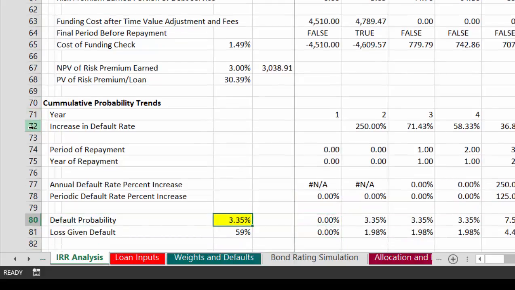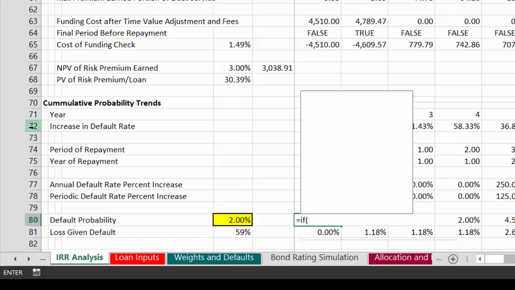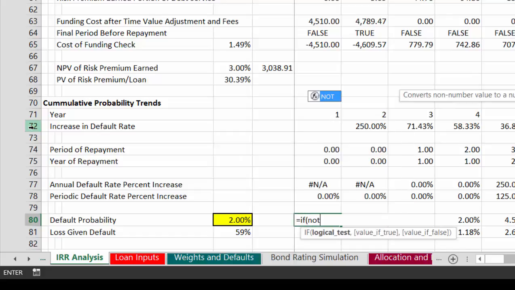Now, if we just put in some fixed default probability, let's say it's 2%, okay, then we can say, well, let's take, and here's what we need to do. We want to just have the starting point. Okay, so how about we'll put if not this one.